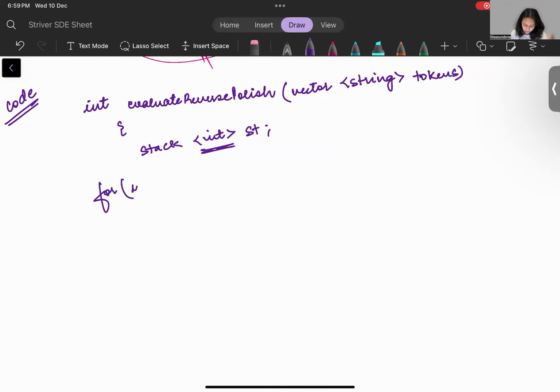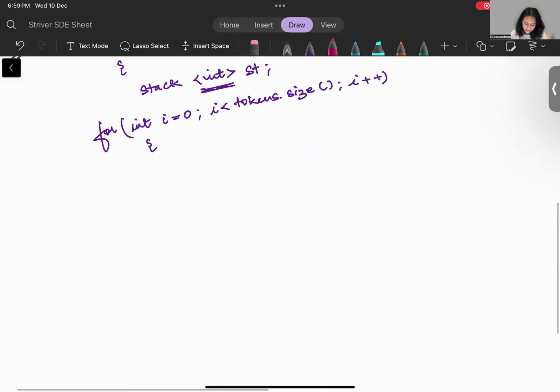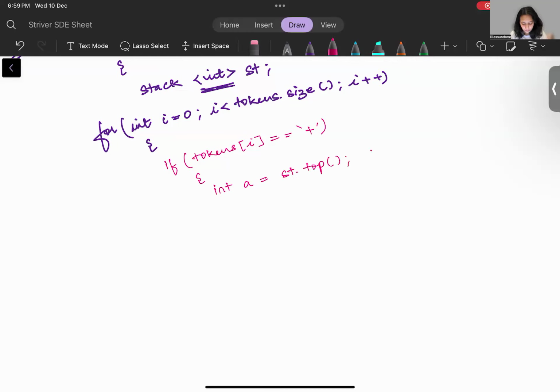Now for int i is 0, i less than tokens dot size, i plus plus. Then going ahead, let's just see if your tokens i is equivalent to your plus operator. So what happens? We take integer a and we take stack top in it and then we pop this.